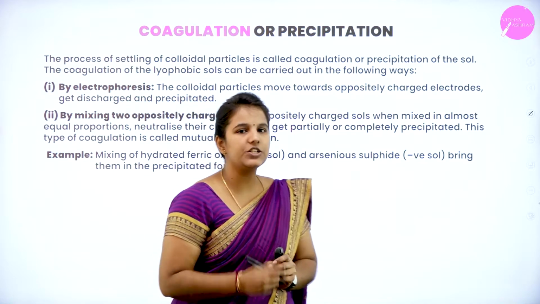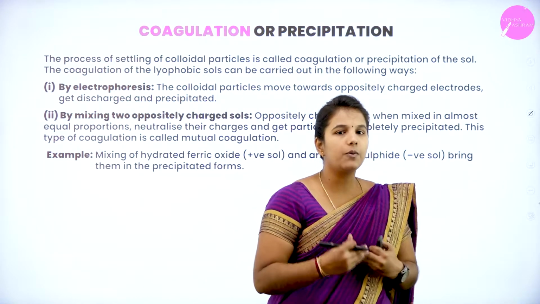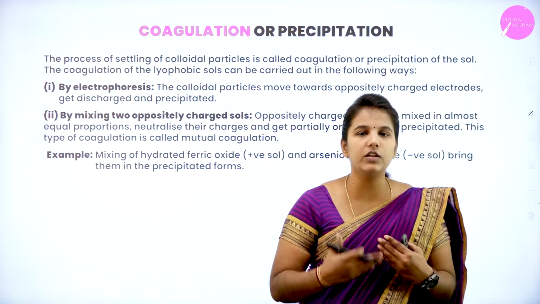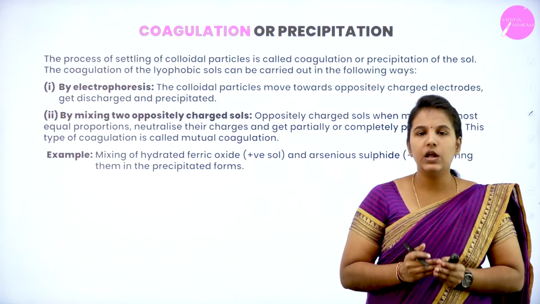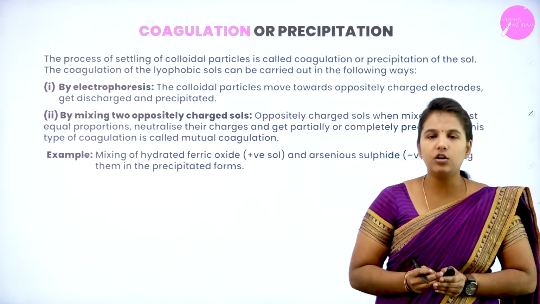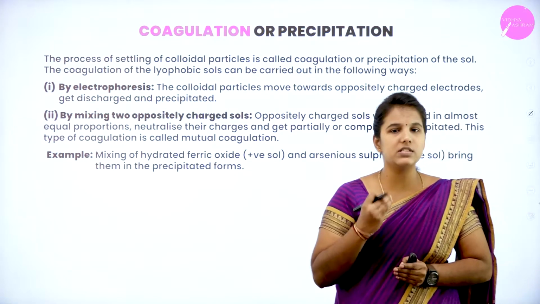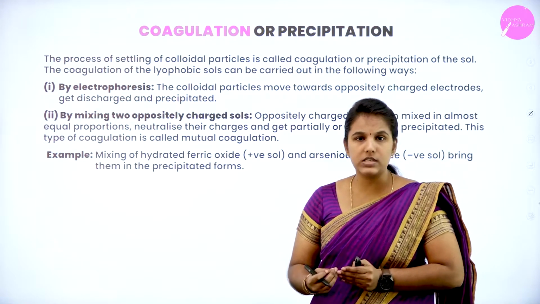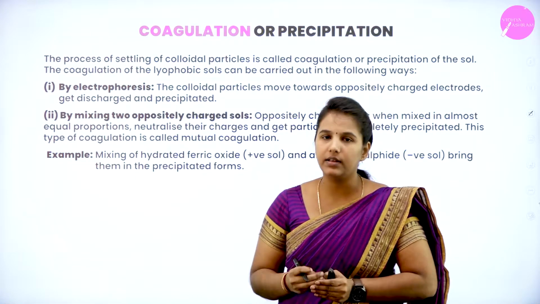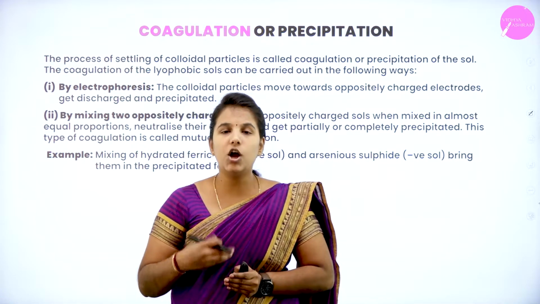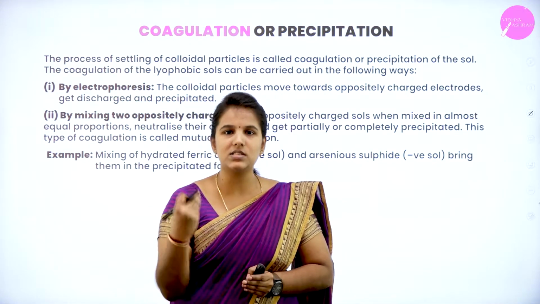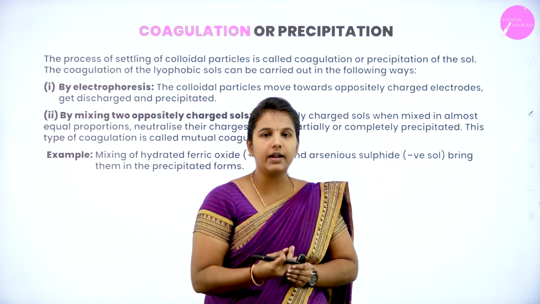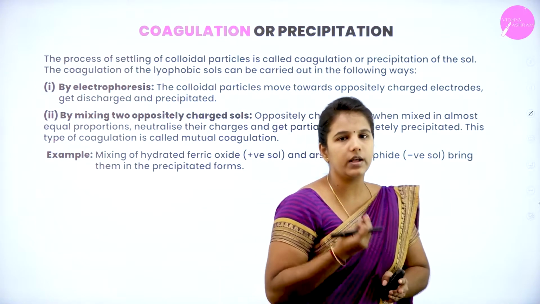Coagulation or the precipitation, it is one and the same. It is a process of settling of the colloidal particle, which means to say that we know that colloidal particles have some charges. It may be positive in nature or it may be negative in nature. In order to neutralize the charges which are present in a colloidal particle, we go for coagulation.